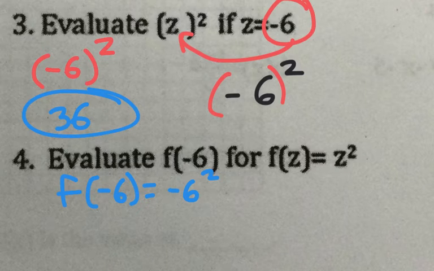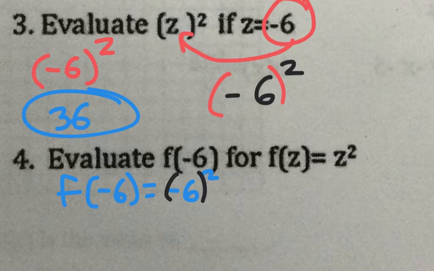Now you saw it. Should that negative be in parentheses or no? Yes. We plug -6 into z. What was supposed to get squared? All of z. So if I plugged it in for z, then I need negative 6 all to be squared.